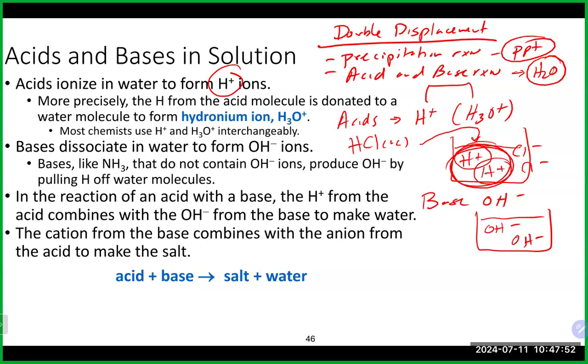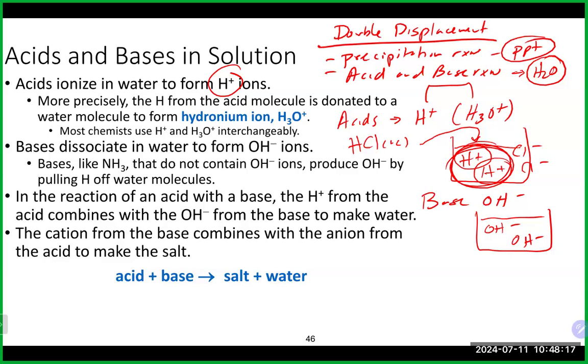As you'll learn in 200B, the ratio of H+ to OH- in the solution determines whether the solution is acidic or basic. If you have more H+ floating around, it's more acidic, and your litmus paper will turn red. If you have a lot more OH-, your litmus paper will turn blue and it'll be more basic.